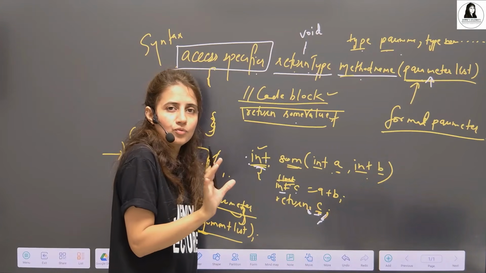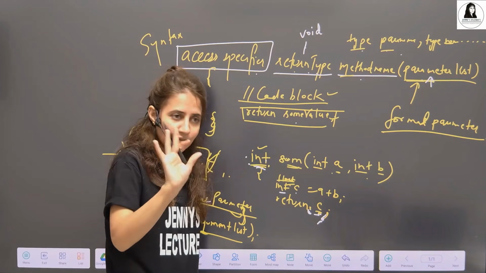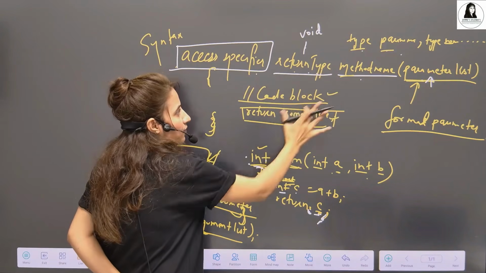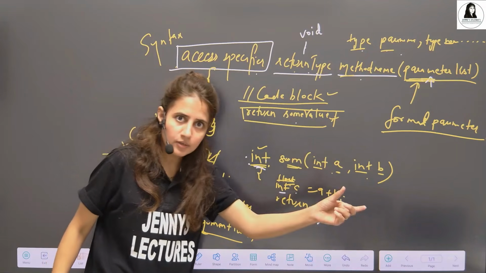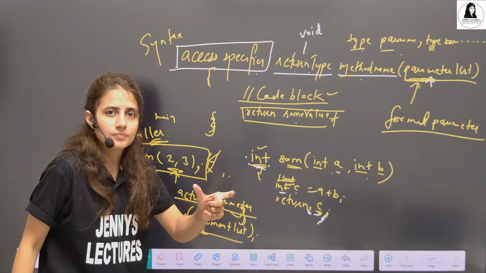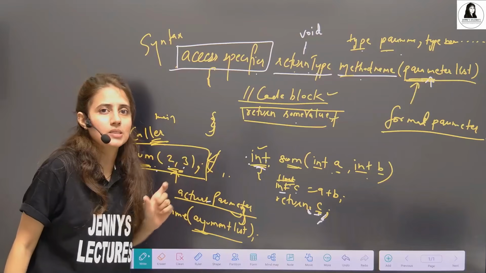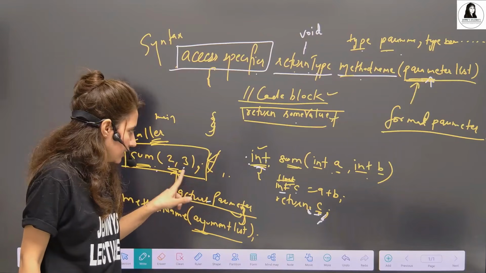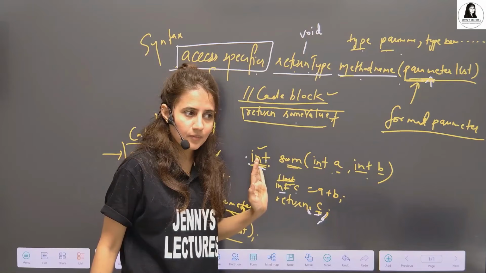Sometimes they ask in the interview what is the difference between actual parameters and formal parameters, so students get confused. At the time of definition, whatever you write here in the parameter list, those are formal parameters. At the time of calling the function, whatever values you pass are known as actual parameters or arguments. So basically, we can say these are arguments, these are parameters. I hope the difference is clear, right?